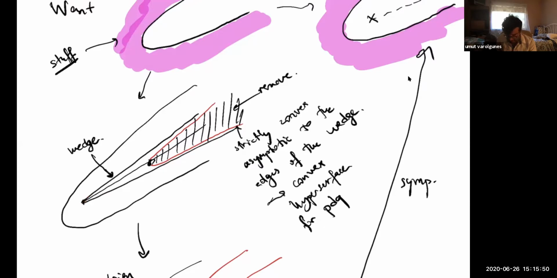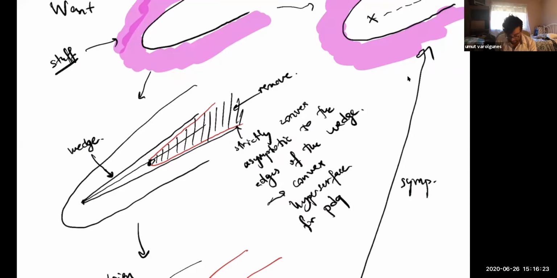So I take a wedge with straight edges: this is a straight line, this is a straight line. Then I take another subset inside that wedge, drawn with a red boundary, which is strictly convex and asymptotic to the edges of the wedge. The point of that is that if I draw a radial line from the tip of this wedge, it should be transverse to, and intersect only once, this red boundary.